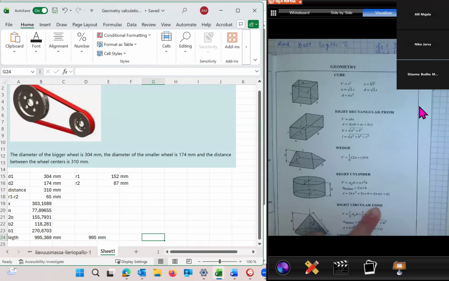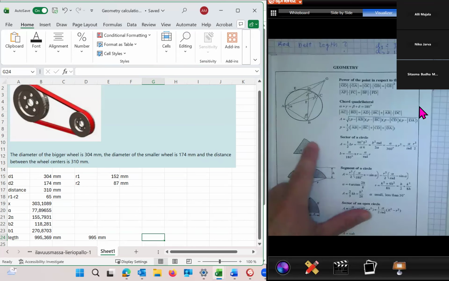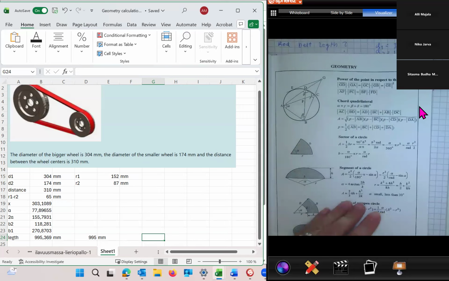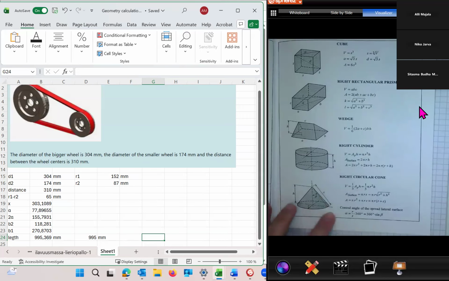Did you do this kind of exercise yet? It's also in these a bit demanding ones. So there you need to know this length, because then I think what you needed to know there was the volume. And of course, to calculate the volume, you need the area of the bottom circle.